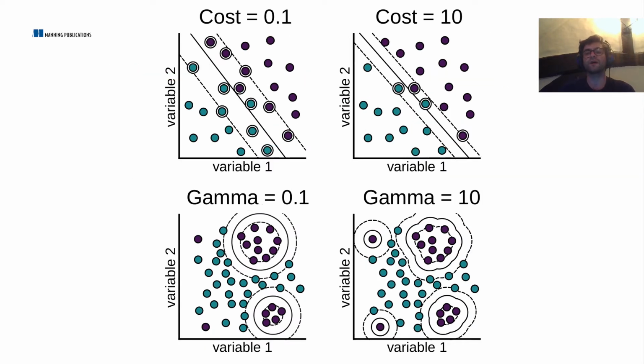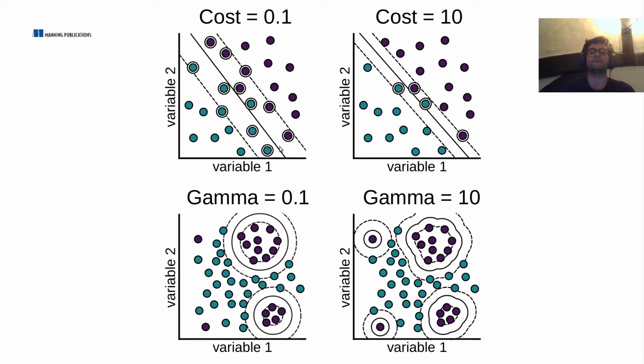The cost hyperparameter determines how bad it is to have cases inside the margin. In a perfect situation where there exists a hyperplane that perfectly separates the classes, that hyperplane will have a margin around it that has no cases inside it.